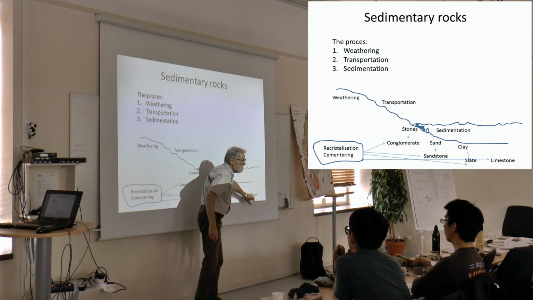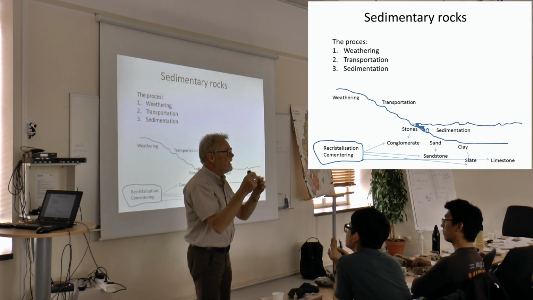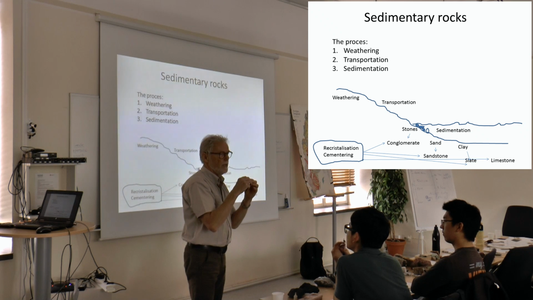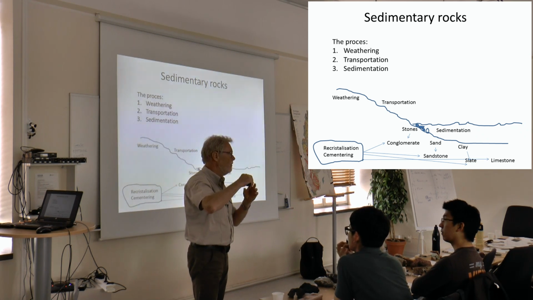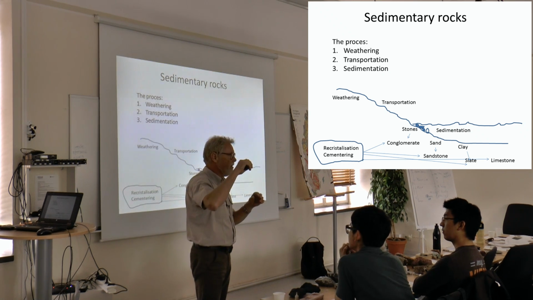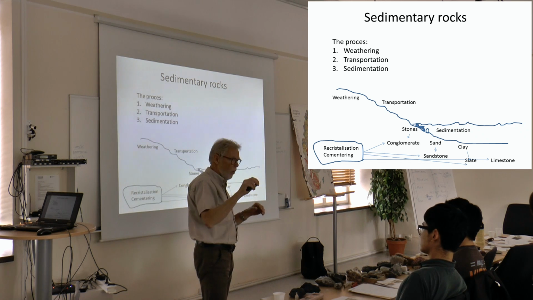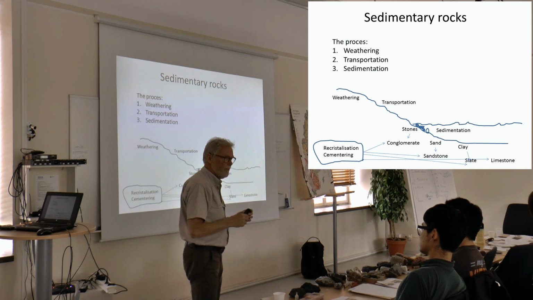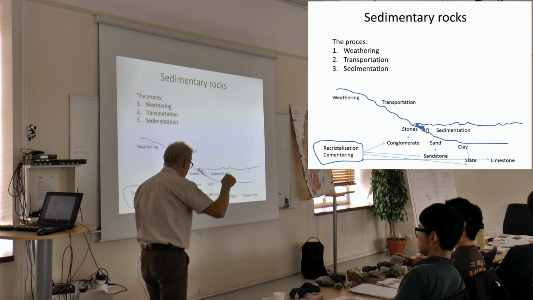And then we have some limestone. Well, limestone is a chemical dissolution of this air and water combination of carbon dioxide in the air and calcium in the water, H2O. So there will be a, what do we call it?